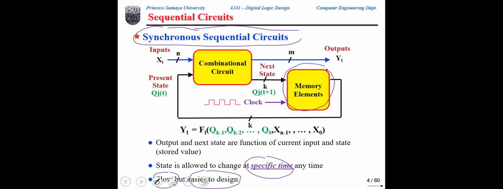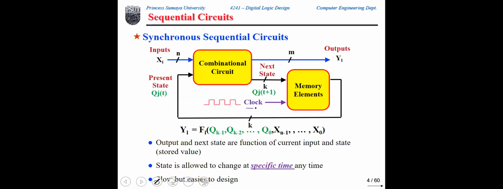So usually the storage elements used with synchronous sequential circuits require an additional input, which we call the clock, or sometimes the trigger, or the enable, which enables the next state to be stored in the memory. This input synchronizes the behavior of the circuit with time.